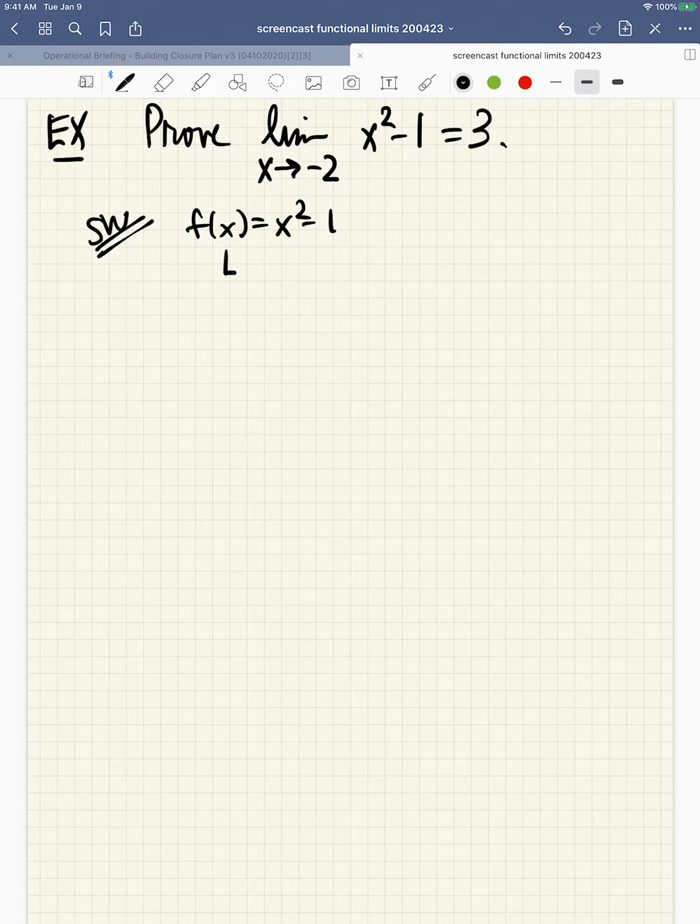L is 3, and our c in this case is minus 2. All right, so we want to show |f(x) minus L| is less than epsilon. So that's what we want.